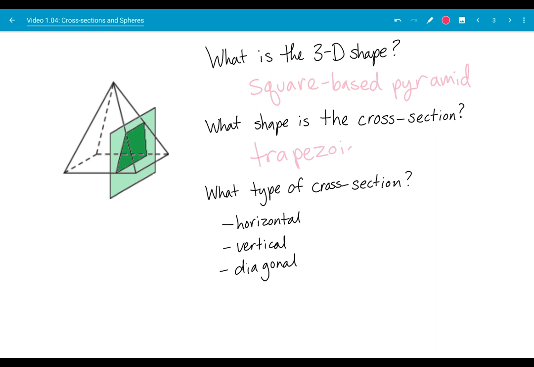We have two parallel sides, the top and the bottom, and because it angles from here to the outside, and then the same on the other side, it forms a shape that looks like that if you were looking at it more straight on. What type of cross-section was this? This is a vertical cross-section because we're slicing from top to bottom.